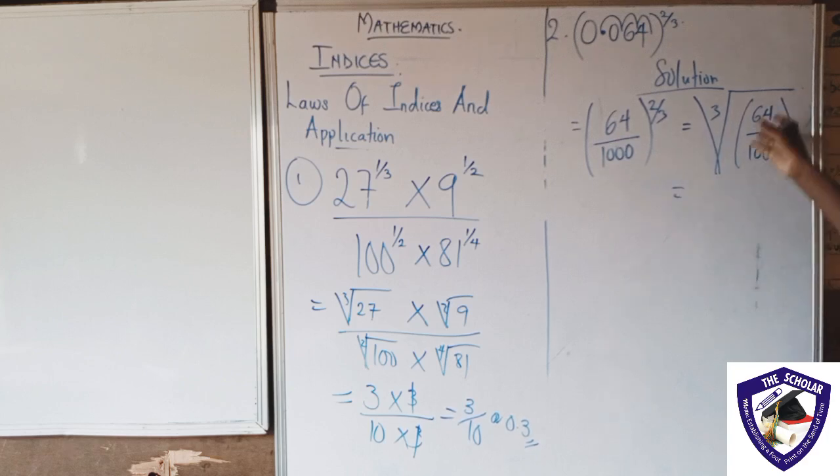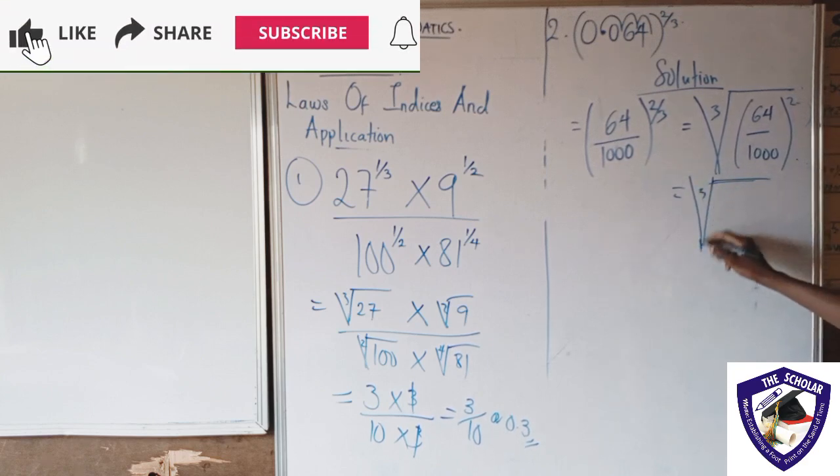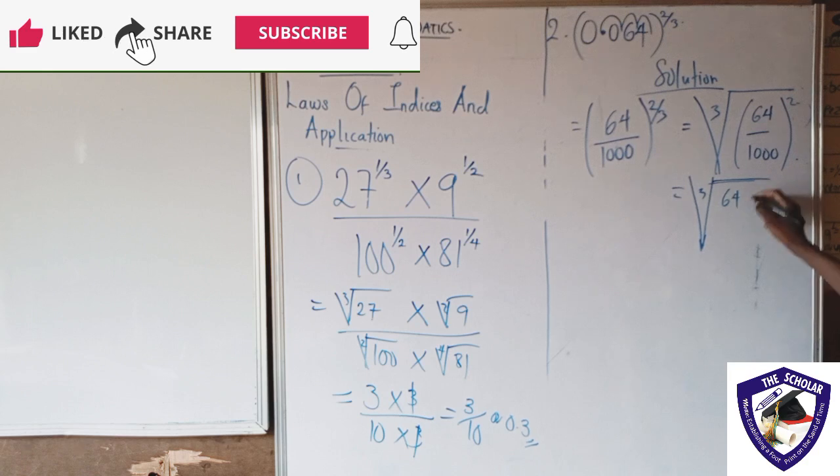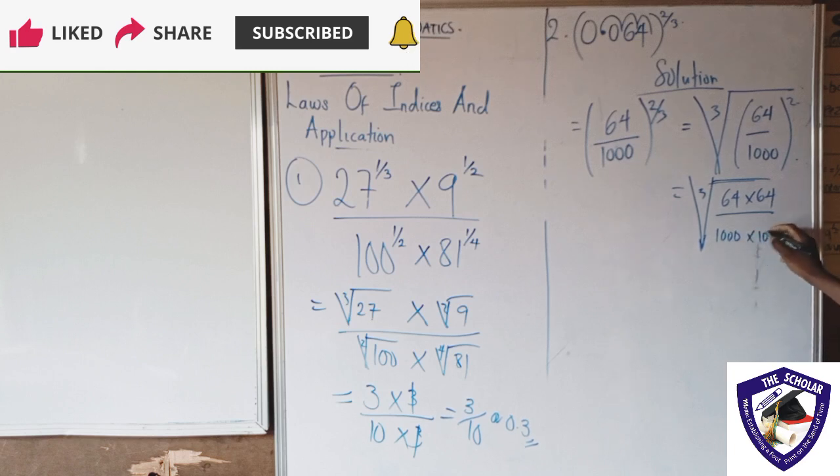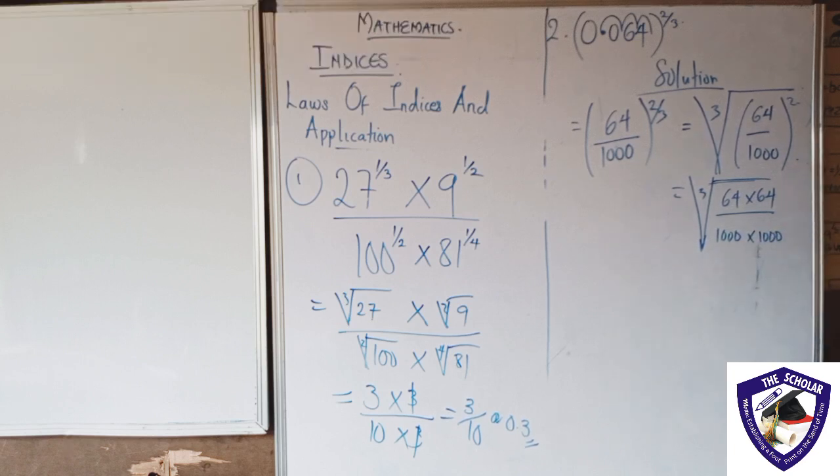To simplify this, we have the square of 64 over 1000, so it becomes 64 times 64 divided by 1000 times 1000. So this is how we are going to solve this question. We fix in our answers here, then we find the cube root. We either express it in fractions or we still leave it as a sum. And that's how to apply the laws of indices to solving this question.